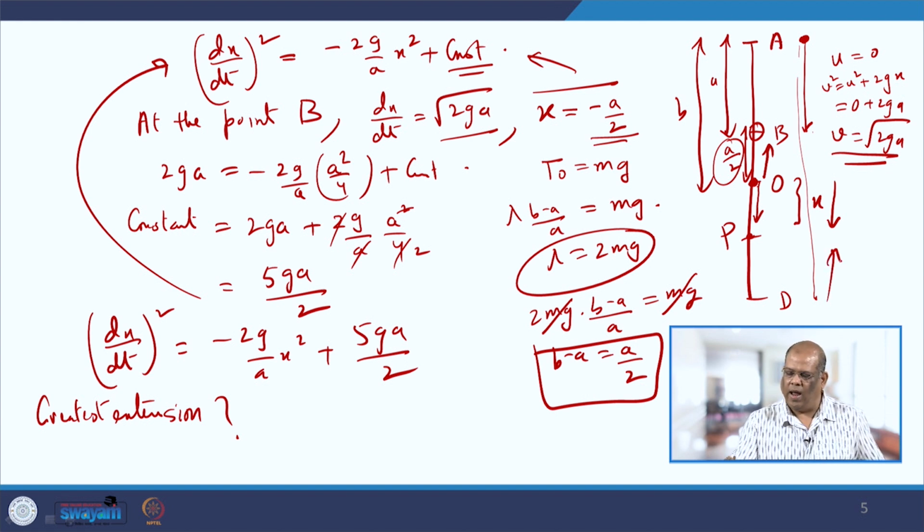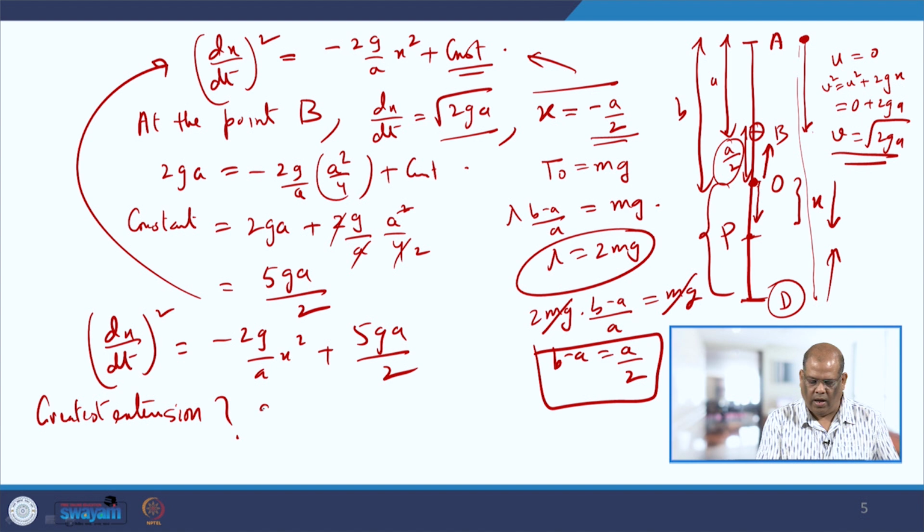So, if I want to calculate this value of x, I have to put at the point D dx/dt equal to 0, because it has started from A and it has come up to the point D. So, to get this much length, I put at D the value 0 and I calculate that particular x.